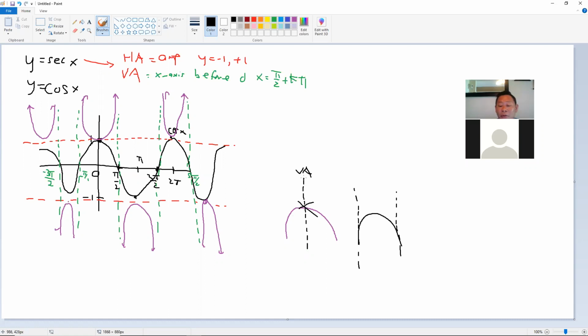If you find that your vertical asymptote crosses in the middle, something is wrong. Usually it goes the whole hill or the whole valley, not just partial hill and partial valley like this. So if you got something like this as your vertical asymptote, this is going to be a wrong case. Just want to point this out to you so you know what's going on when you do your secant and cosecant graph. Do you have any questions with this before we continue?